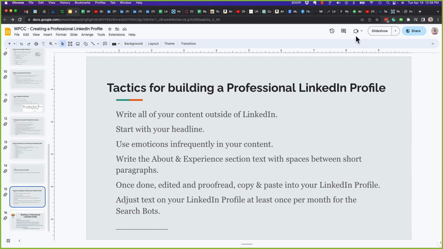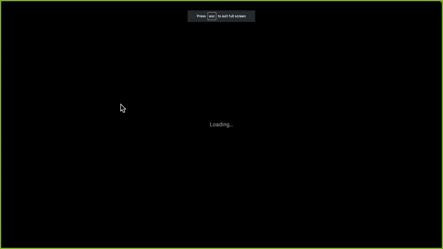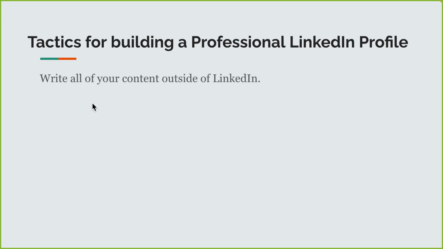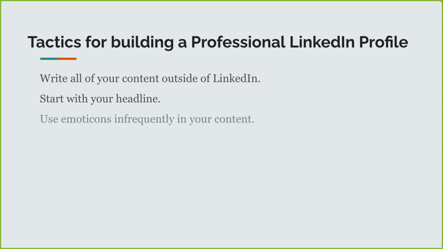So to summarize this video recording, write all your content outside of LinkedIn. Spell check it, grammar check it, make sure it's right, make sure it reads well, then copy and paste it. Start with your LinkedIn headline, 220 characters.